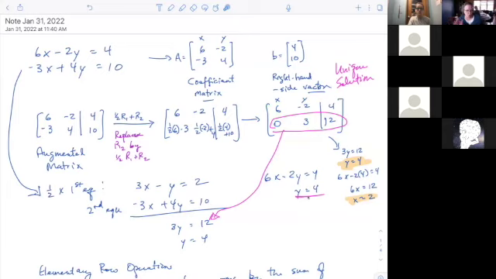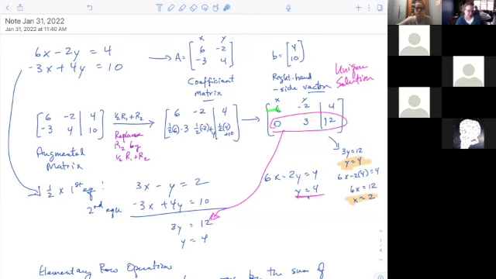So what's important is looking at the columns corresponding to the variables and seeing if we have these non-zero values. A little later on, we're going to start calling these pivot positions or leading entries.